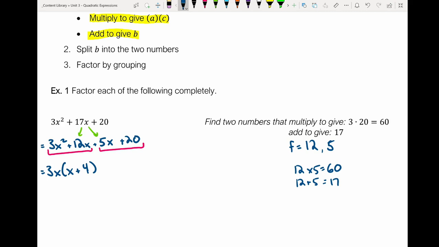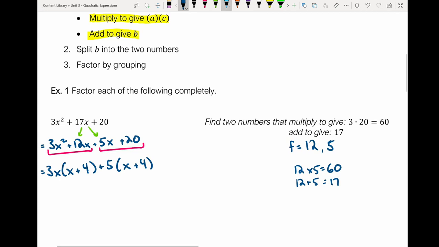This is more important to think about when we have negative numbers, but when we have all positive numbers, you're basically trying to factor it as much as possible, and it should work out. If I look at this second pair, 5x plus 20, the only factor I can take out is a factor of 5, which leaves me with x plus 4.